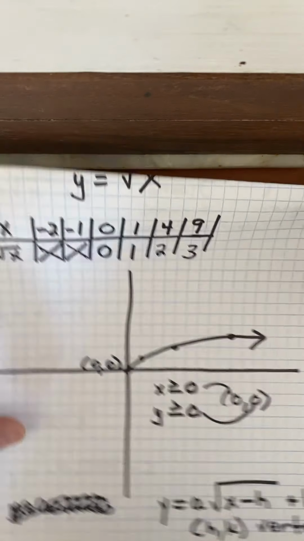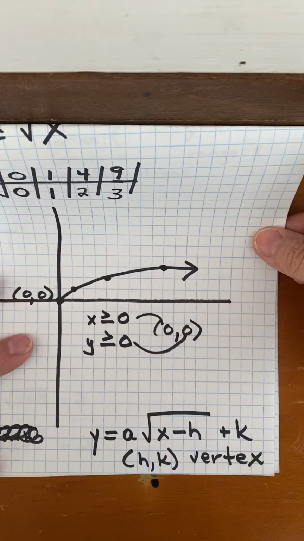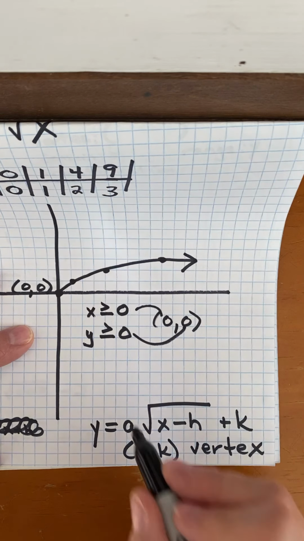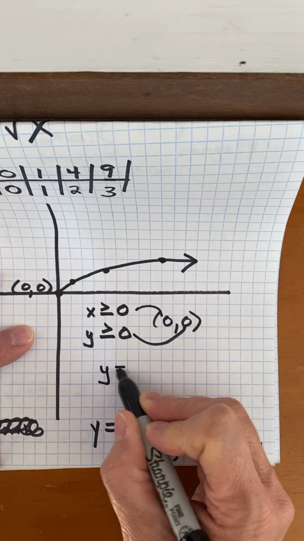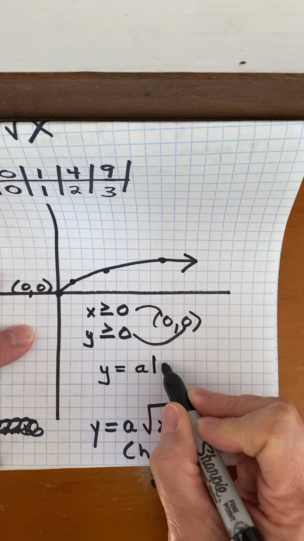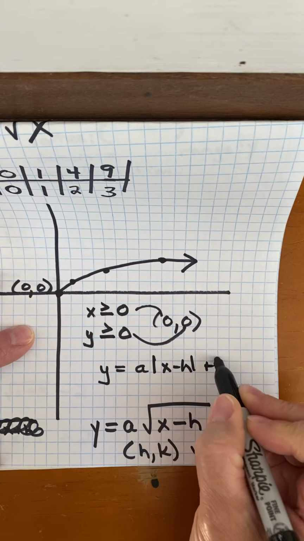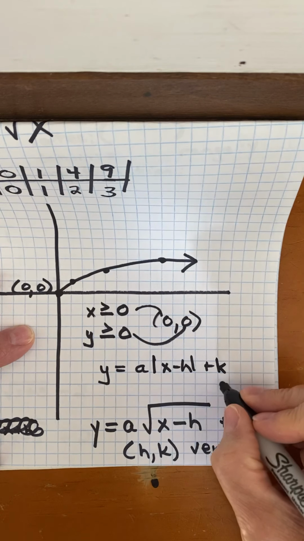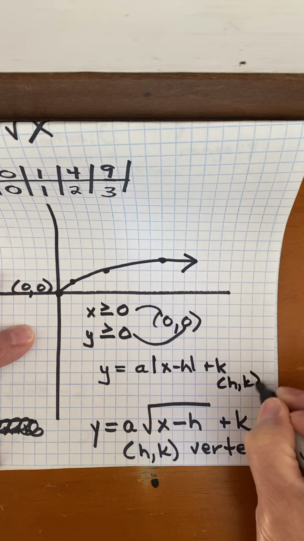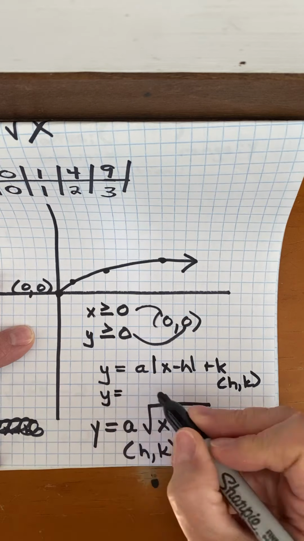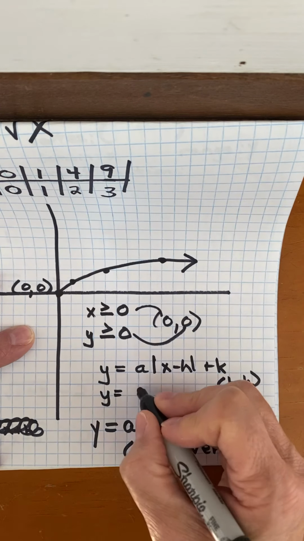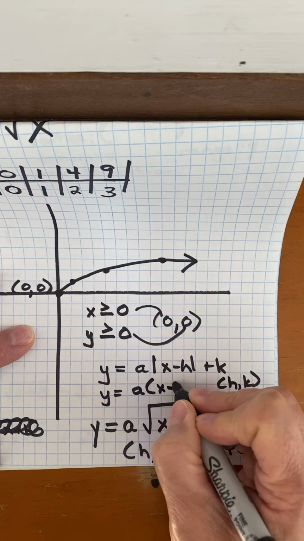Now, something else I want you to be aware of. We had an absolute value function. It looked like this: y equals a times the absolute value of x minus h, plus k. And with that, we had a vertex of (h, k). Then we had a quadratic function in vertex form, and it looked like this.